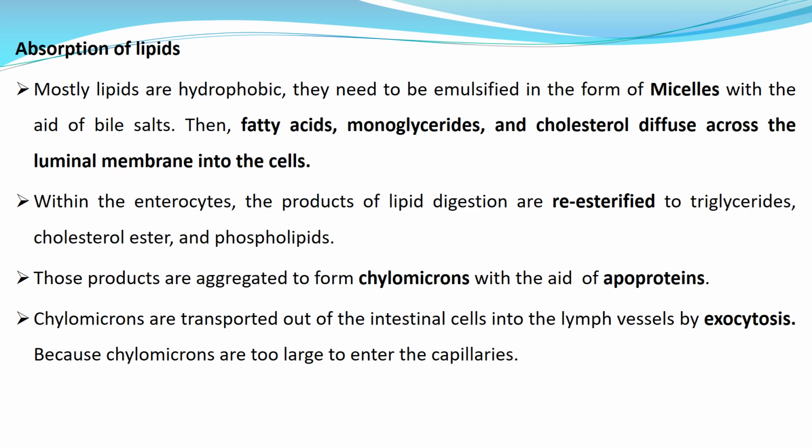When we say exocytosis, it means they have a large size, so they cannot be transported by facilitated diffusion or the other types of cell transportation. So through the process of exocytosis, they can be excreted into the lymphatic vessels.